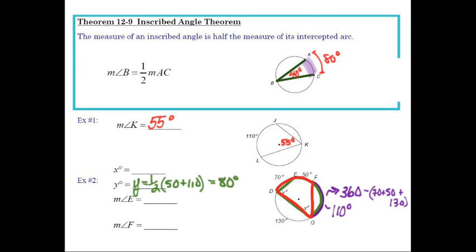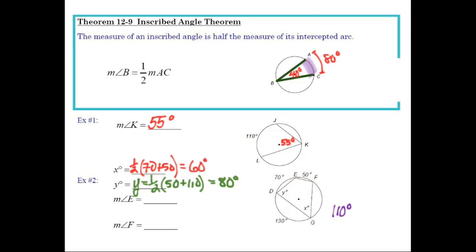Now if I look at G, this one down here, the intercepted arc is 70 and 50. That's going to be 110. I'm going to have half of that. So half of that is going to be 60. Now if I leave my arc measures but try to clean it up a little bit, I look at E. There's E, and I can see it intercepts that whole arc, which is 130 plus 110.